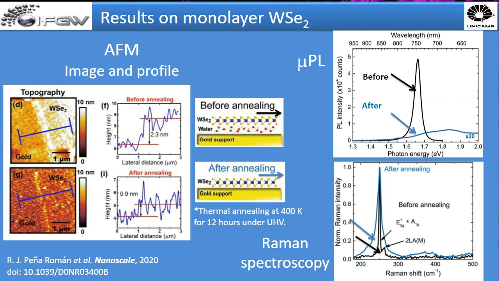In particular, this kind of gold that we used is known to be hydrophilic. And then we transfer this sheet material on top. This water has simply nowhere to go, so it really remains trapped.